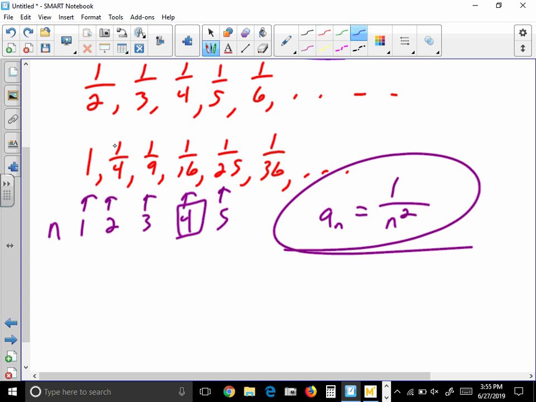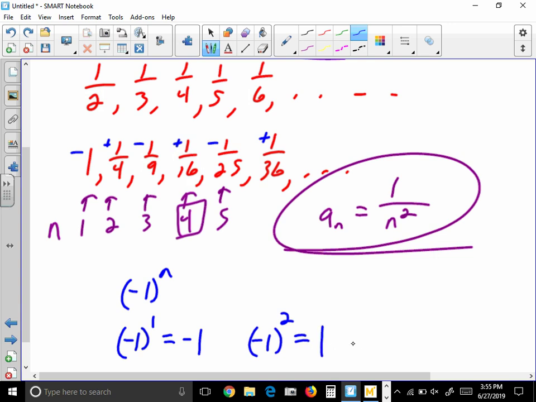Sometimes we will alternate signs. If we alternate signs, that's normally going to involve -1 to a power. Because think about it, if we raise -1 to integer powers, when we have -1 to the first, we get -1. But when we have -1 to an even power, we get +1. And -1 to the third power, we're back to a negative.